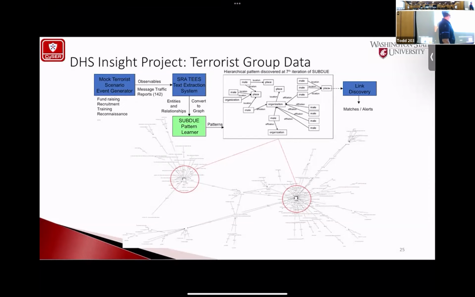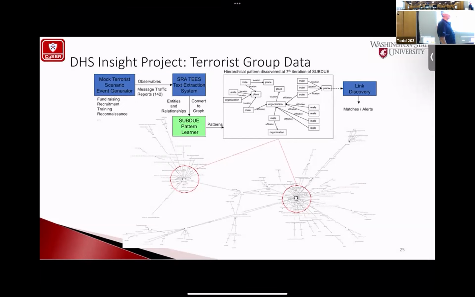Basically it's a social network of the people, which are most likely the leaders, and their affiliations. And so in this case, we're trying to figure out what's the typical structure of one of these terrorist networks. And we just have 2 of them.